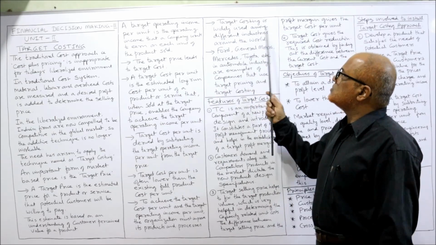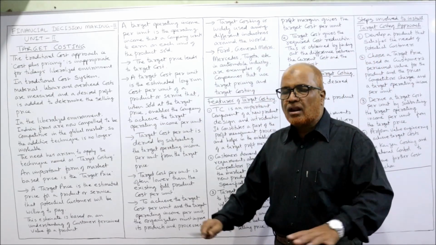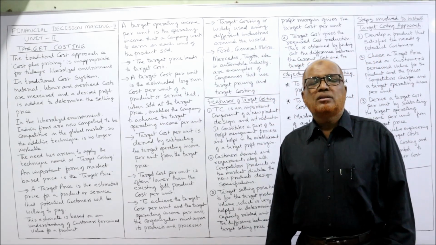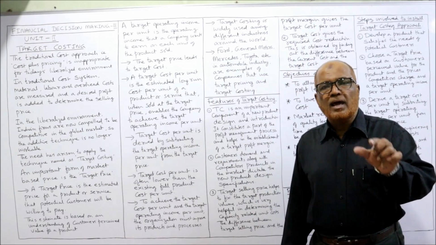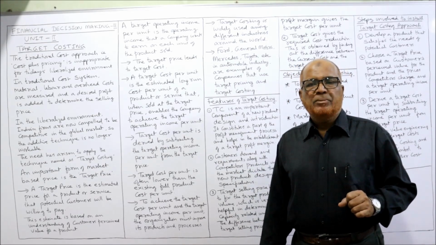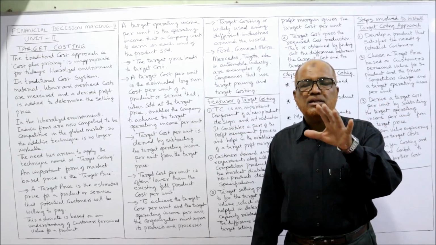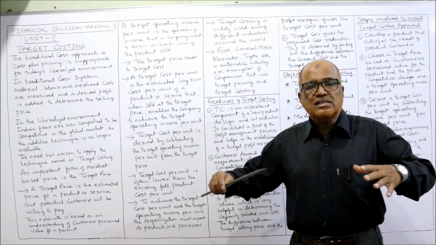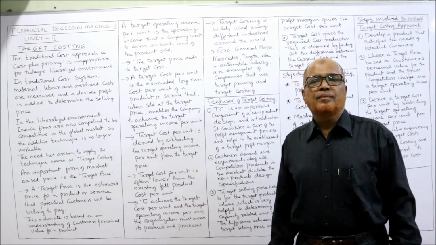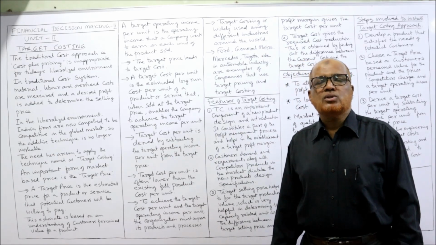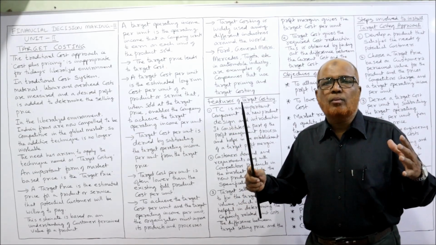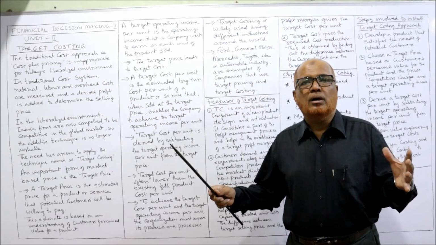Now, target costing is widely used among different industries around the world because there are many benefits from applying it. In the long run, the business can achieve the operating income. The business can survive in the long run. That's why target costing is becoming more and more popular throughout the world.